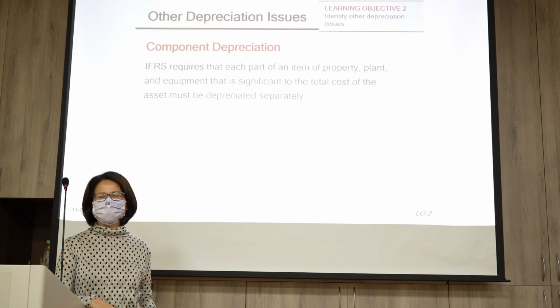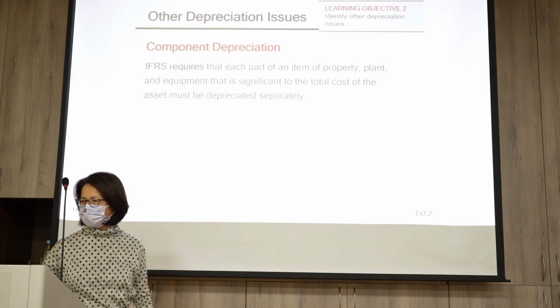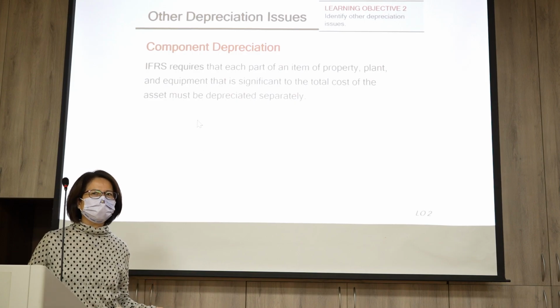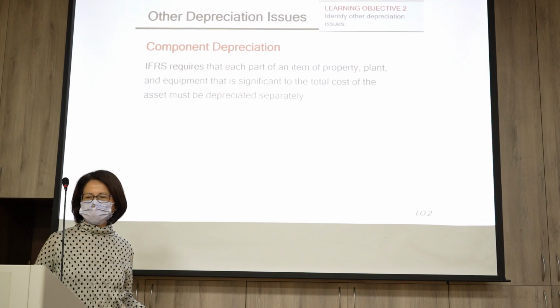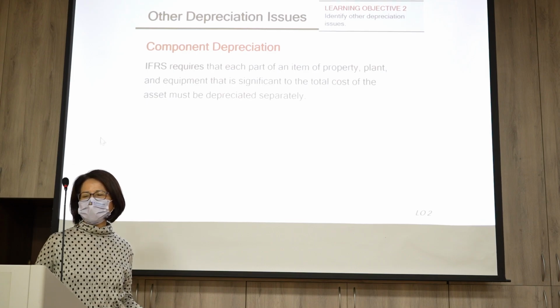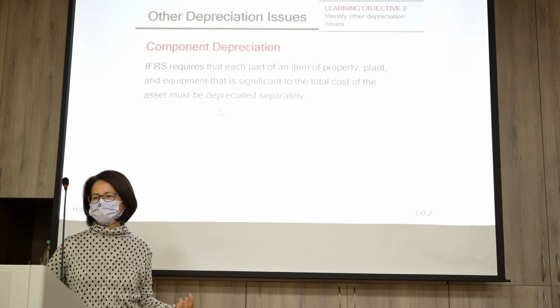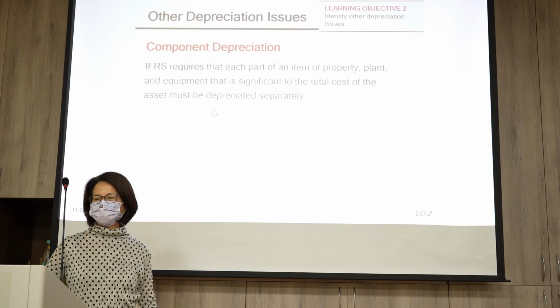So, for example, the airplane. The airplane has major components, and those components may have different useful lives and different residual values. In this case, IFRS says that you should use component depreciation. It's easy.